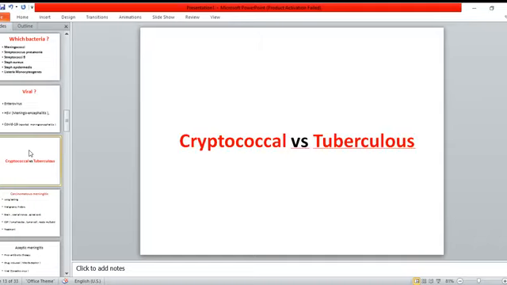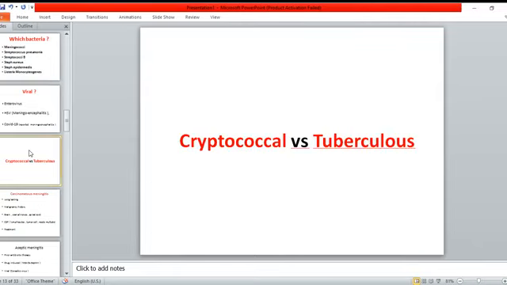So cryptococcal versus tuberculosis: both present subacutely over weeks. Usually in tuberculosis there may be a history of TB, or some cough, loss of weight, night sweats and fever, so some symptoms suggestive of TB. In cryptococcal infection, there may also be some history of lung infection.